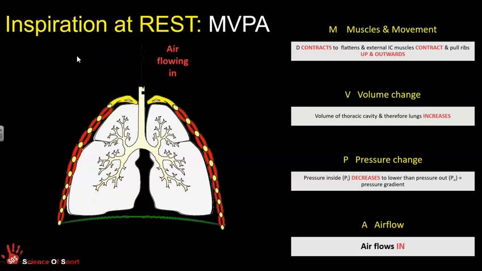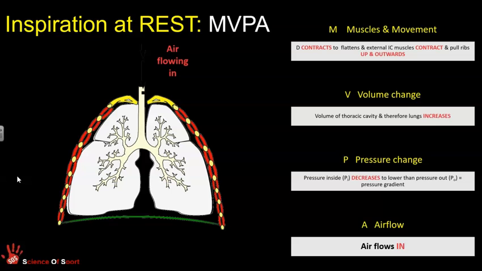The rule is things move from high to low, and air will flow into our lungs. We breathe in. Now, we don't breathe a massive amount of air in at rest. We breathe in about half a litre, and the amount of air that we breathe in and out is called tidal volume.